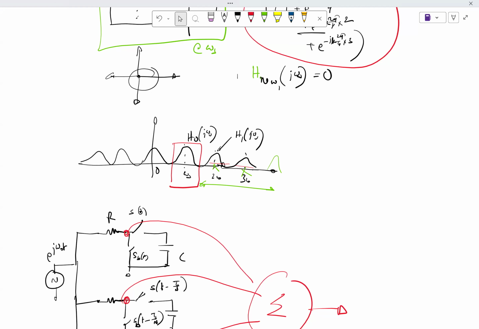If you are making a mobile phone or cell phone or anything, you want an input at a certain frequency, you want the output at a certain frequency, and nowhere else. So if you have peaks at multiple places, that violates that condition.